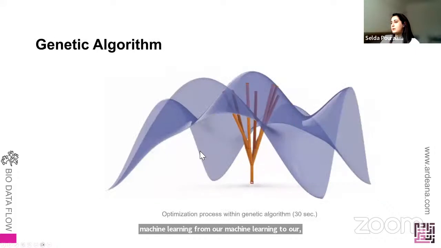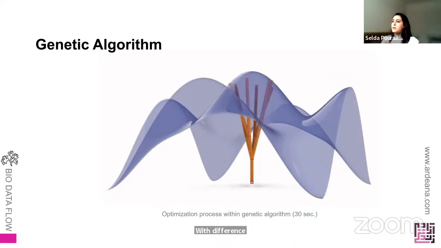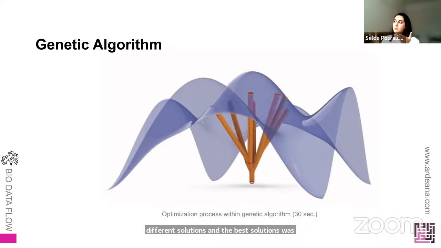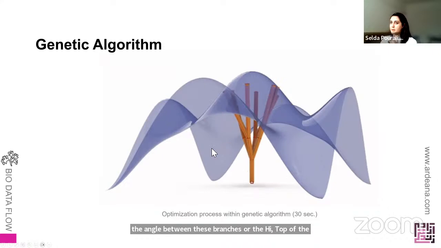And then the Karamba analysis, with 300 different formulas, gave us different solutions, and the best solutions were the optimum of this formula and the other structural factors, like the angle between these branches or the height of the structure, and whatever we really wanted to consider.